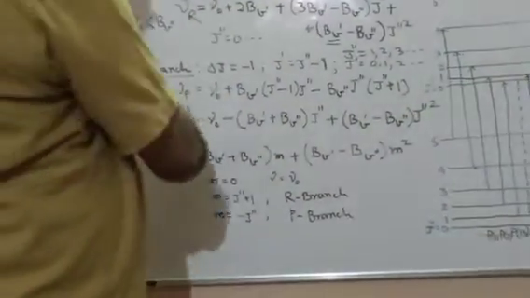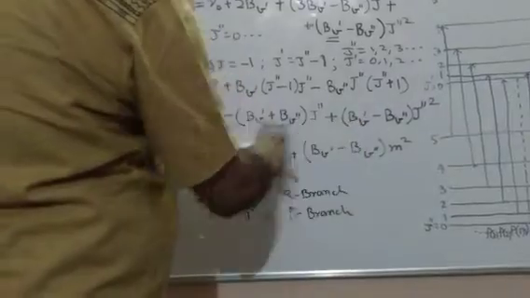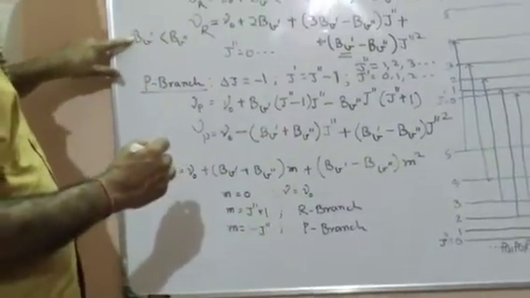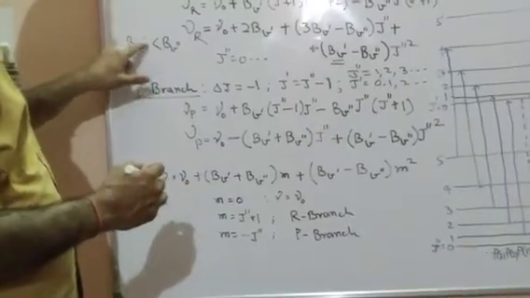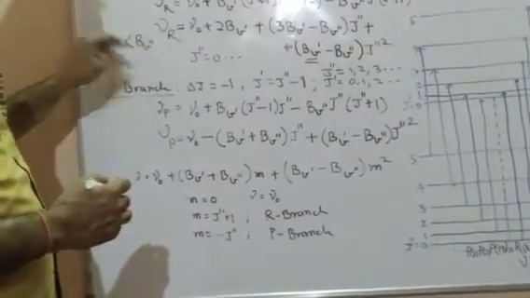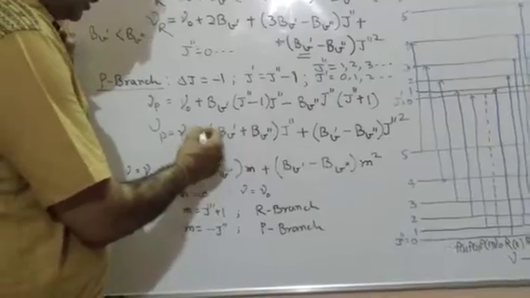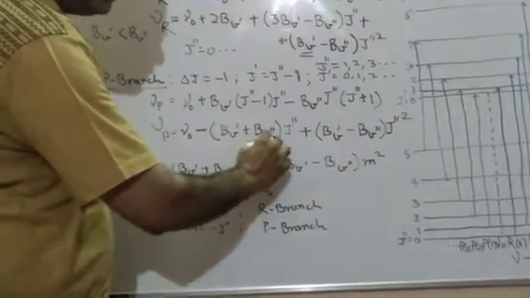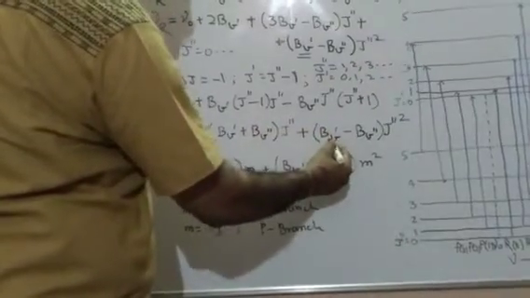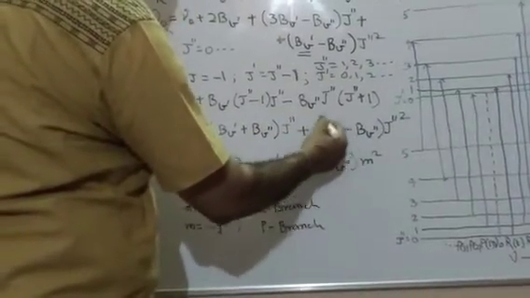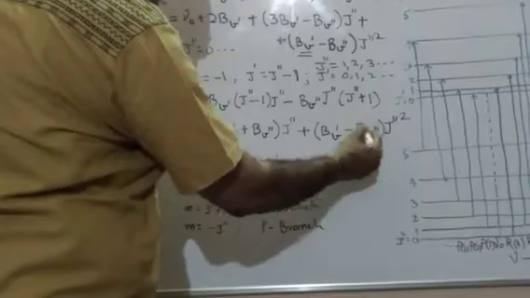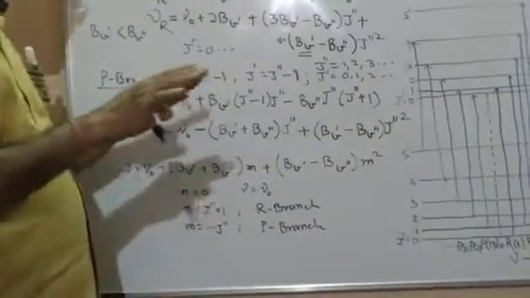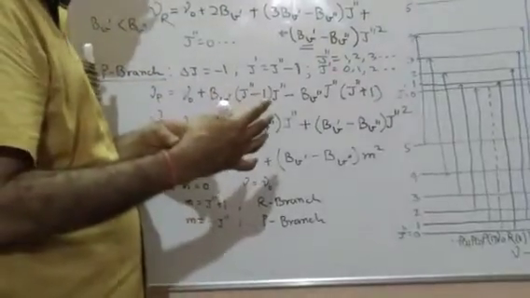Now if we see the wave number equation, as I told you, BV prime is less than BV double prime. So this number, since here it is negative, this whole number is negative. Similarly, BV prime is lesser than this BV double prime, so this whole number is negative. So both are negative, and they are not going to cancel each other.